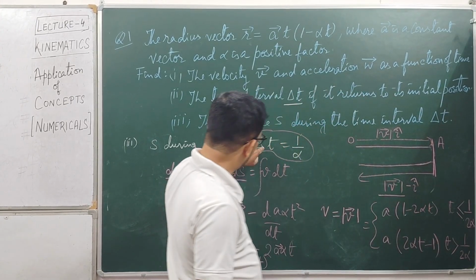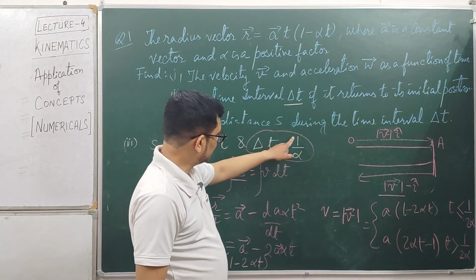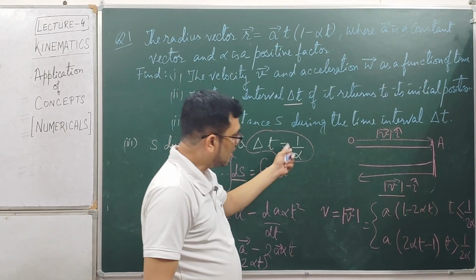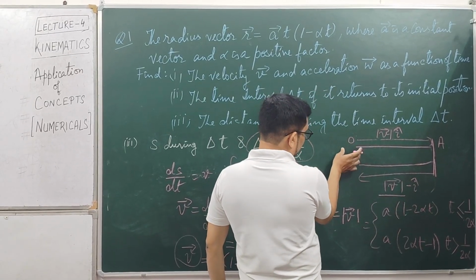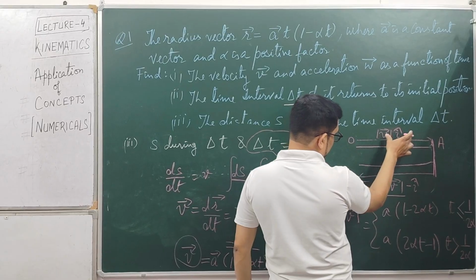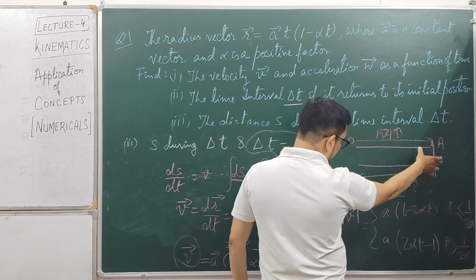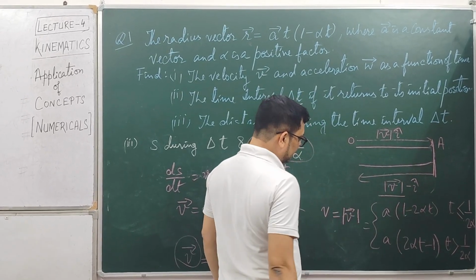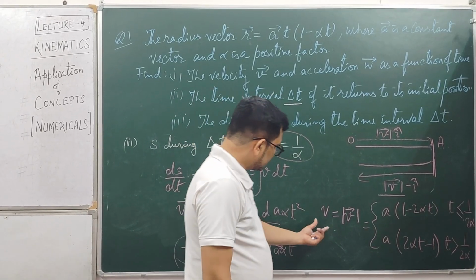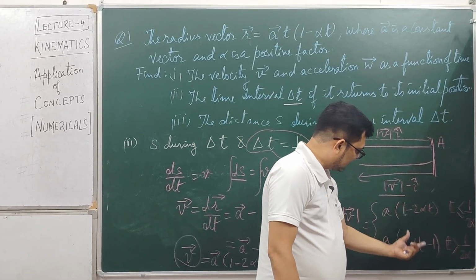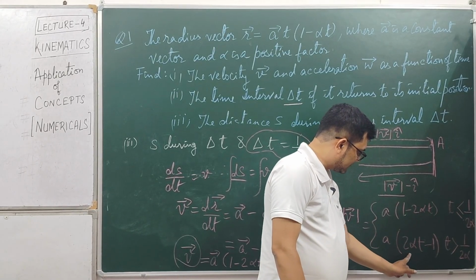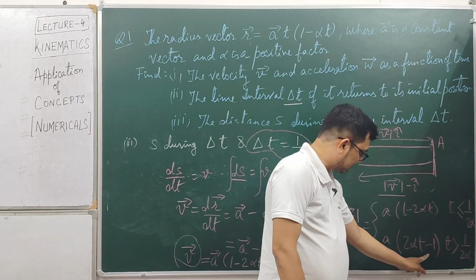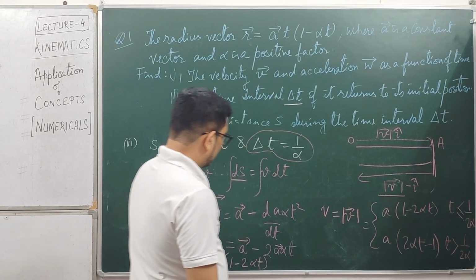So if you take half of the time, it comes out to be 1 by 2α. For half of the delta t the velocity is positive, for half of the time it is negative, as we have seen here. So we get this v in two different functions. It's just that this negative would change this, and it would become 2αt - 1.